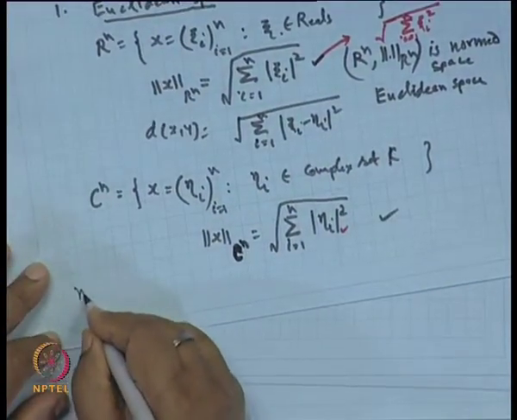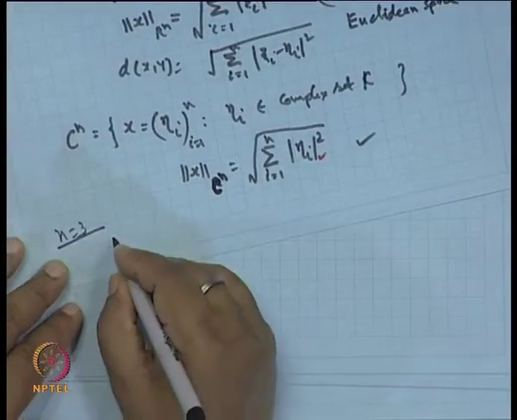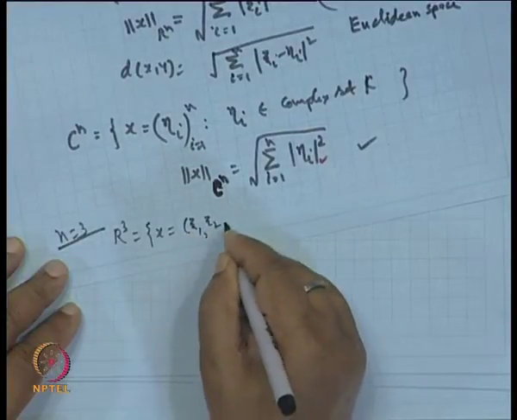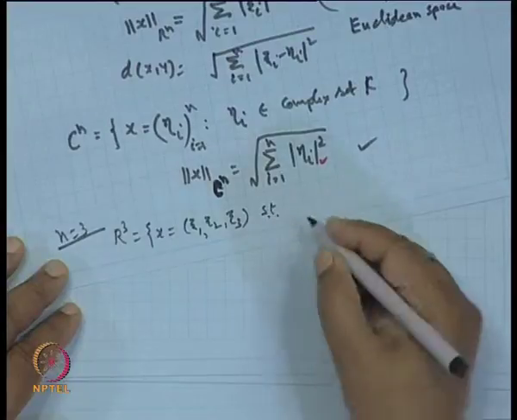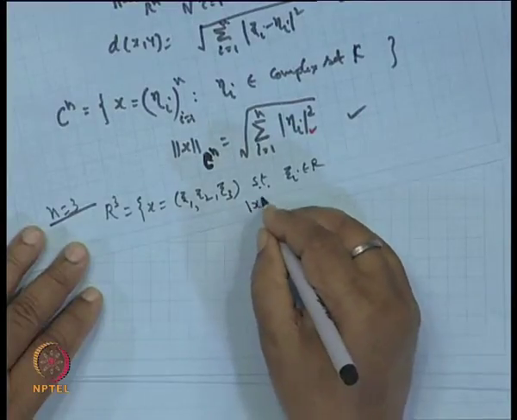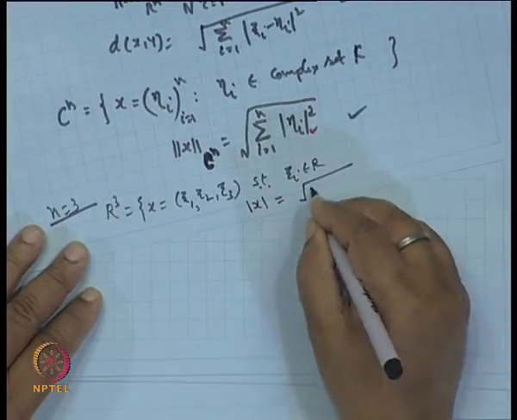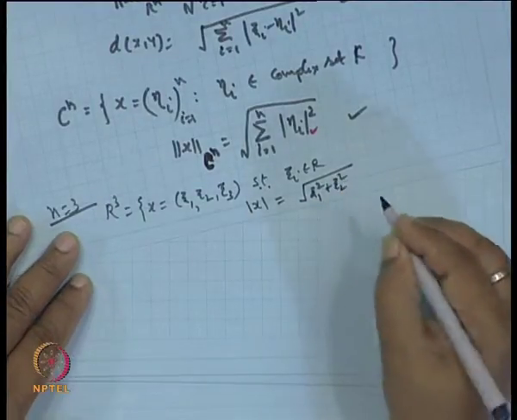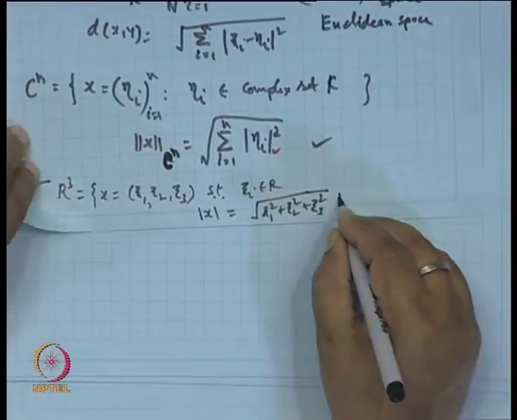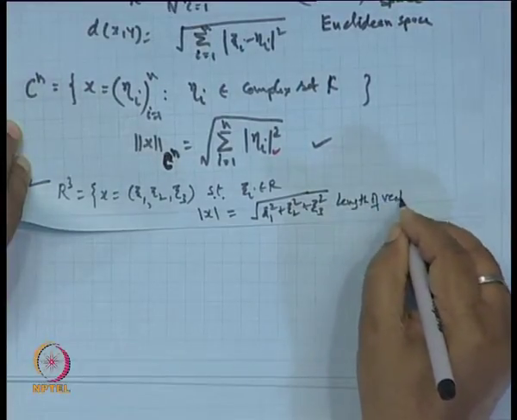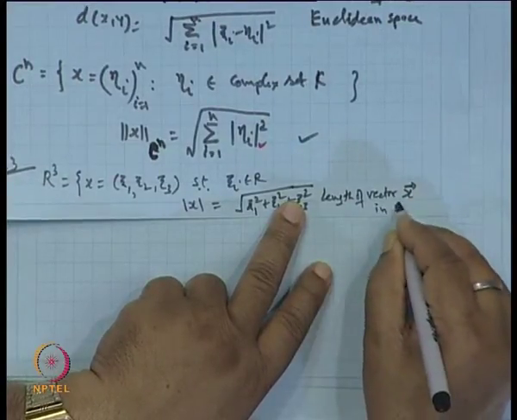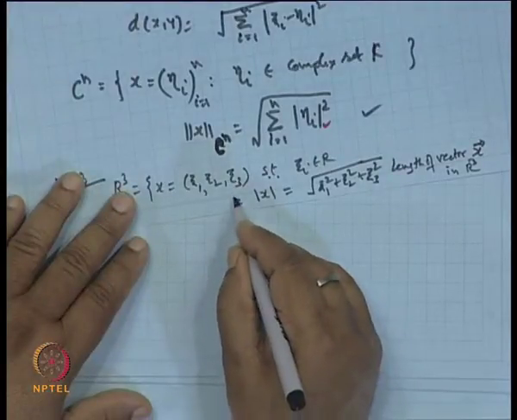So, when n is equal to 3, then R^3 is the set of those points x, xi 1, xi 2, xi 3, such that the xi's are real, and the length of this mod x is under root xi 1 square plus xi 2 square plus xi 3 square, and that is the length of the vector x in the 3-dimensional plane, which is nothing but the norm of x.